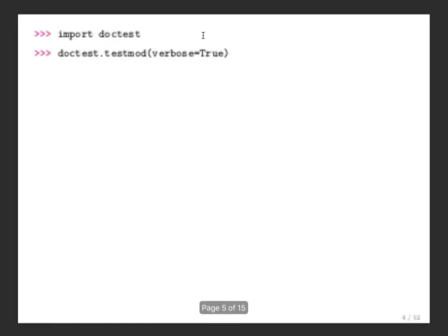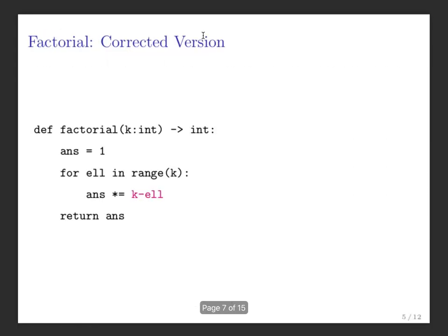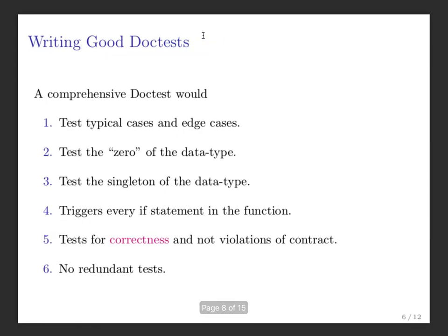Okay, that's the factorial. There's errors in it. I've shown you this, and here's the corrected version. So really, the point of today's lesson is not for me to show you how to use the doctest tool. That was easy. That's one function call. But to figure out how to write good doctests in the first place.